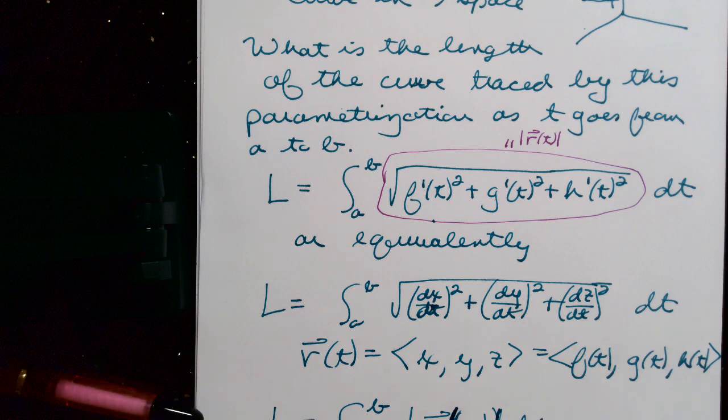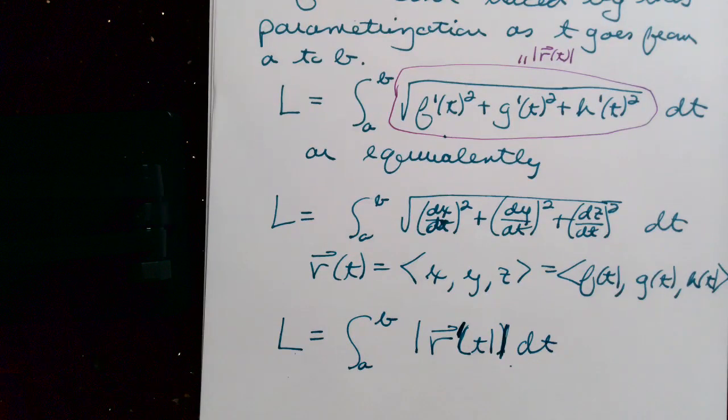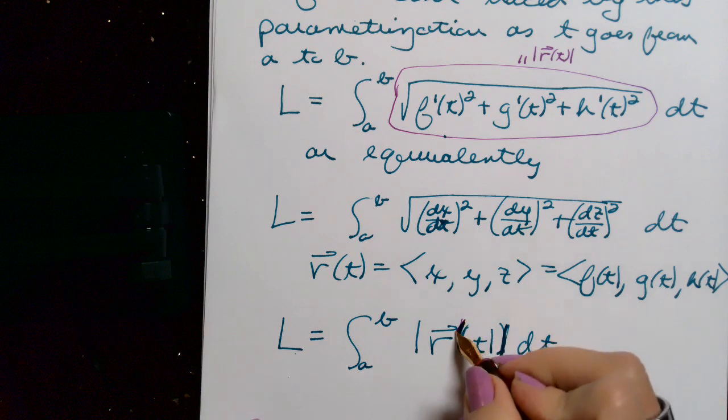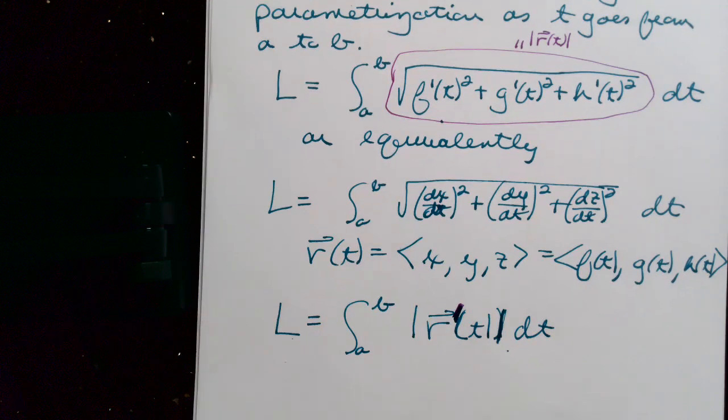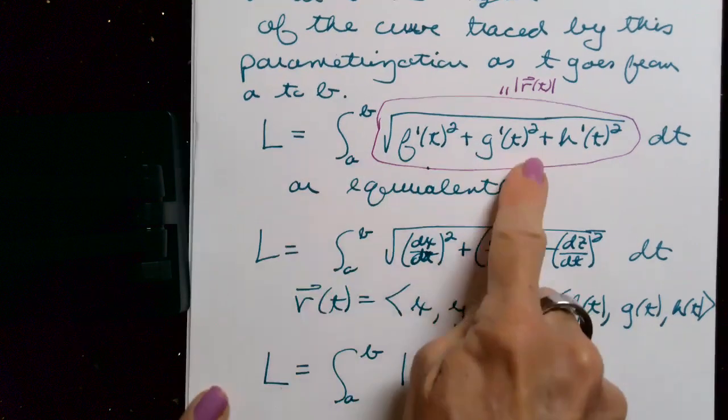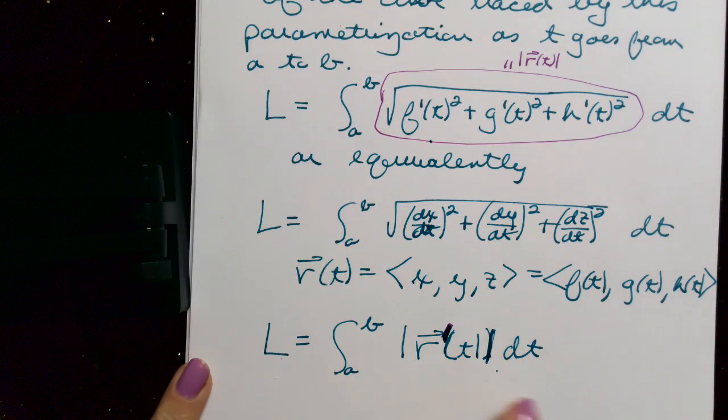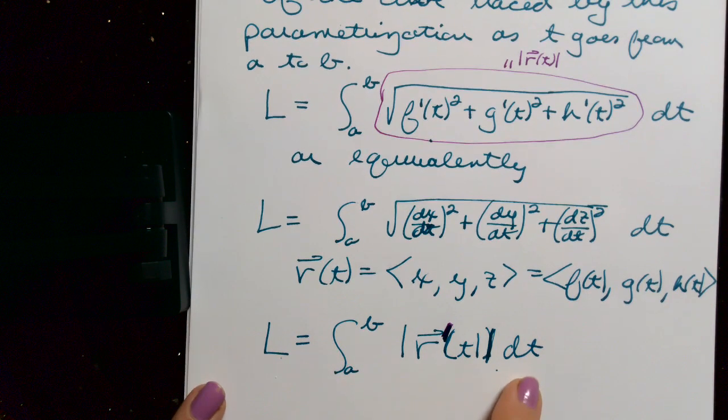That's important, so let me put a red highlight there. So we have equivalent formulas for arc length. The last one turns out to be pretty darn convenient to remember, and we'll see it come up in other contexts as we move along in this semester.